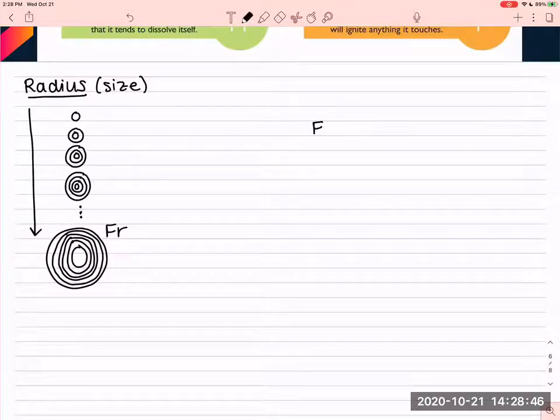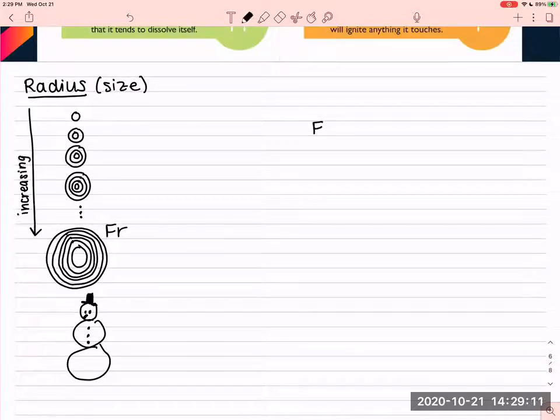I'm not drawing a very good picture of this, but you get the idea. Build a snowman. Do you see the snowman? This is you moving downwards. So we're increasing going down. Francium is big, has 7 rings.